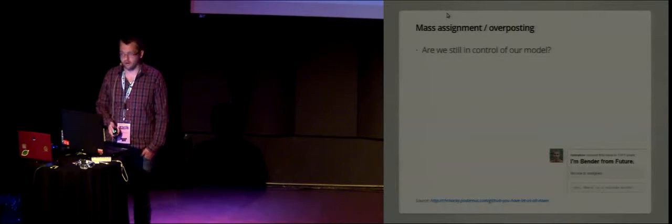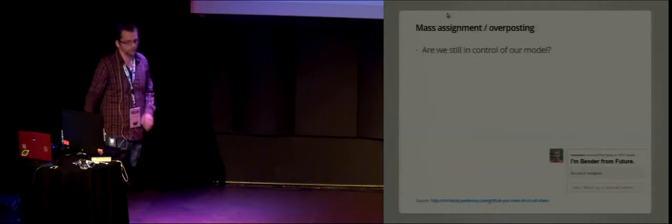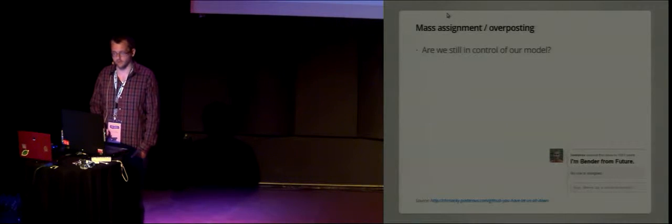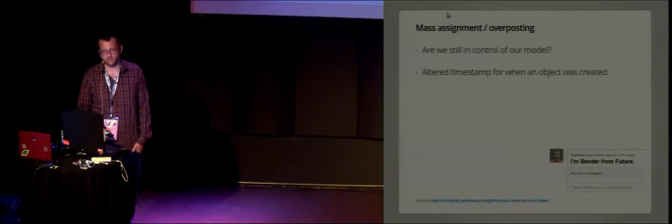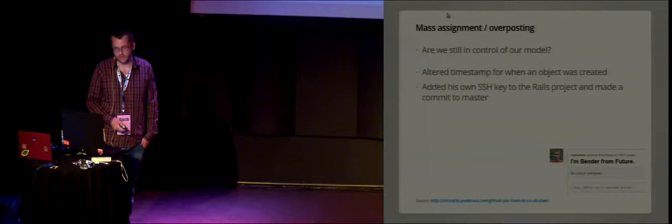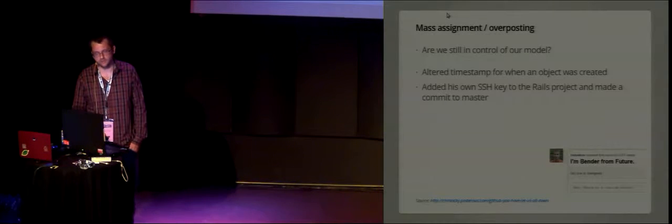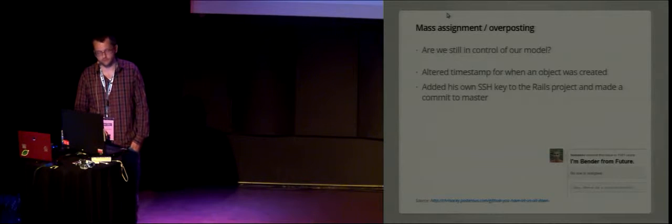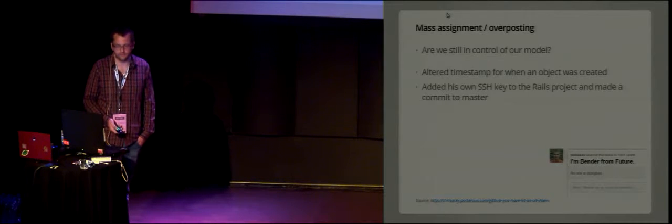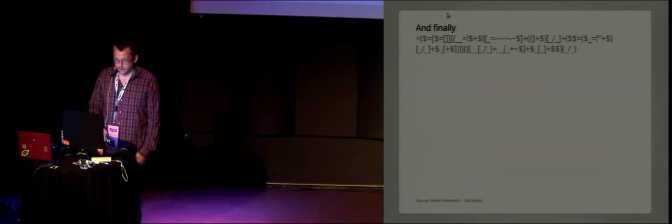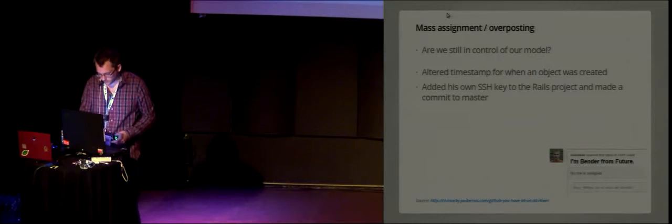And the problem here is, are we still in control of our model when we're moving the model over to the client side? And of course we're not, because the client can do anything. So what he did was he altered the timestamps for when the object was created. And he also added his own SSH key to the Rails project and made a commit to master. And he did this to prove a point. He was not intentionally evil. He was just saying to them, this is a bad thing. I'll show you a demo of that as well.